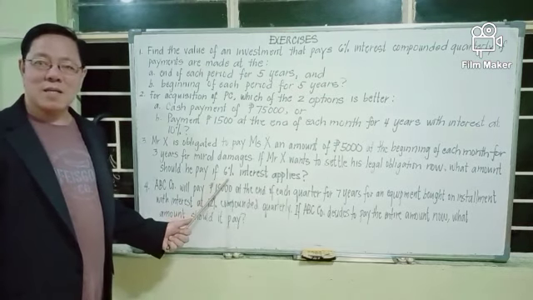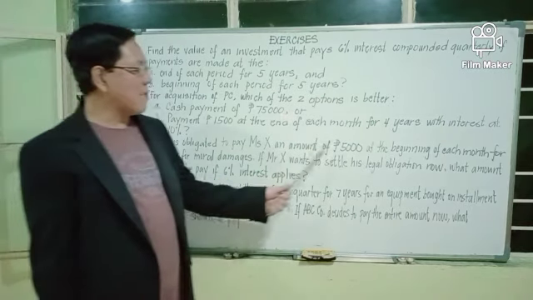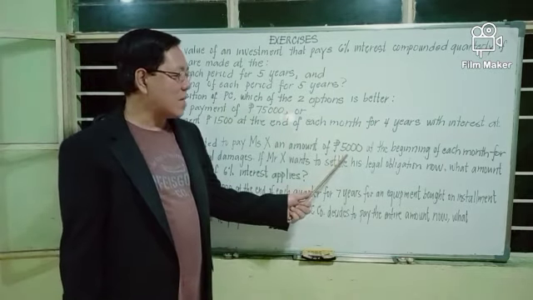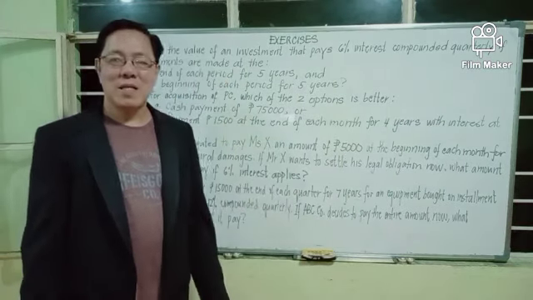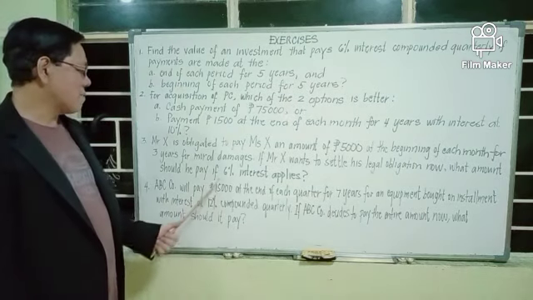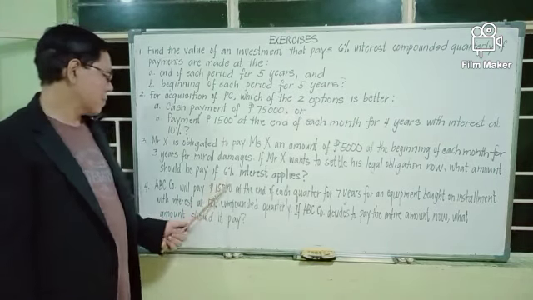Again, the interest rate of 6% here is considered to be compounded monthly because the amount of 5,000 pesos is to be paid at the beginning of each month. So you have to compute the interest rate per month by dividing 6% or 0.06 by 12.